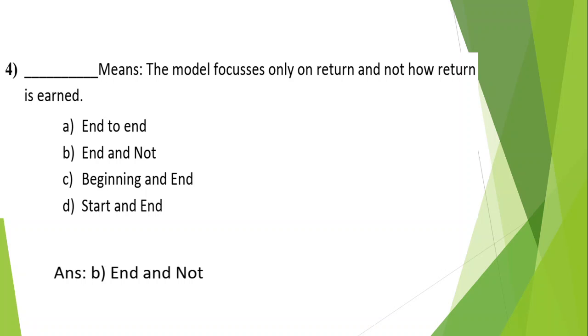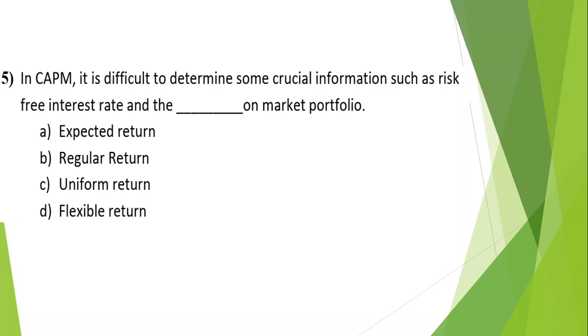We have another fill in the blank kind of question. In the capital asset pricing model, it is difficult to determine some crucial information such as the risk-free interest rate and the dash on market portfolio. We have four options. Option A, expected return.